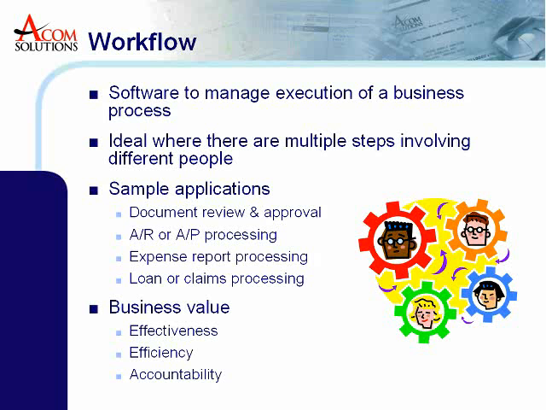The business value of workflow really falls into three key areas: effectiveness, efficiency, and accountability. Effectiveness is all about doing it right. So reducing errors, complying with policy or the rules, making sure that the process that we've set up to make decisions and to move information across the organization is followed.